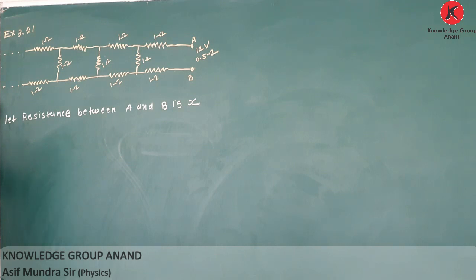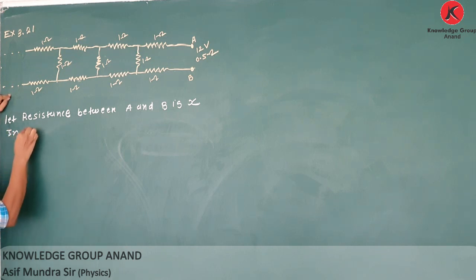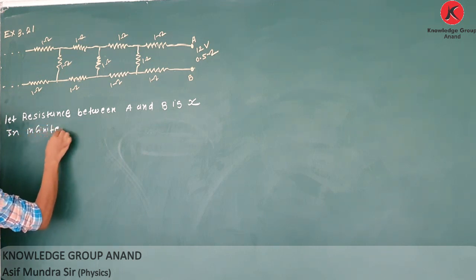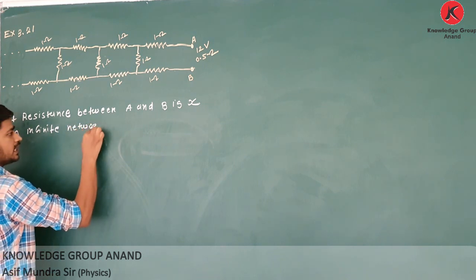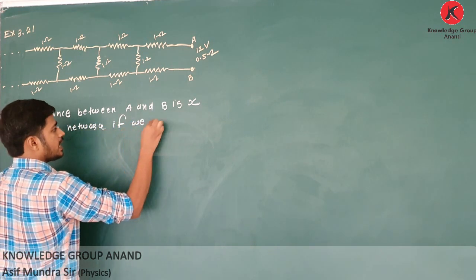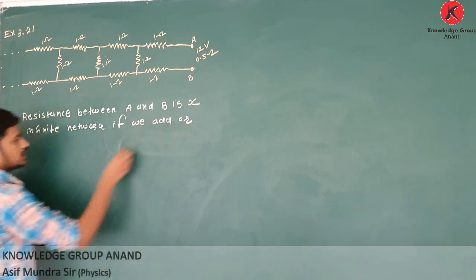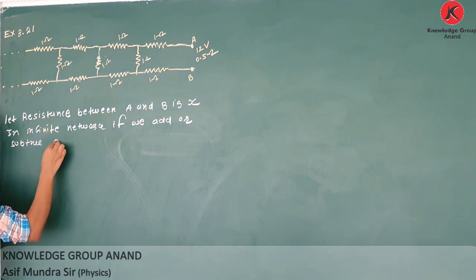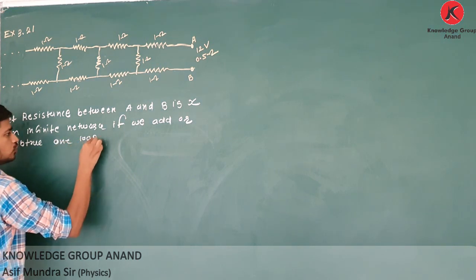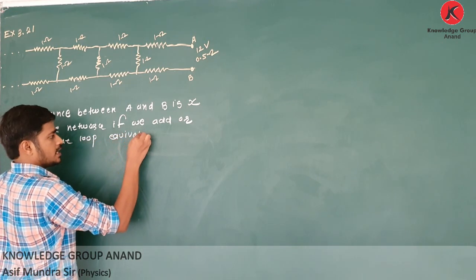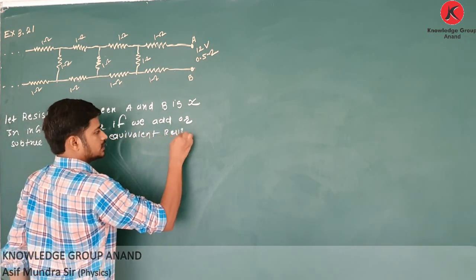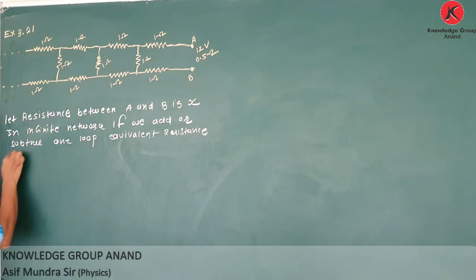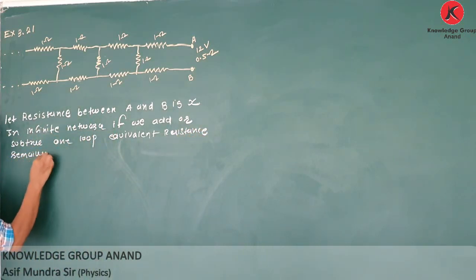Now, if from this infinite network we add or subtract one loop, the equivalent resistance remains the same.